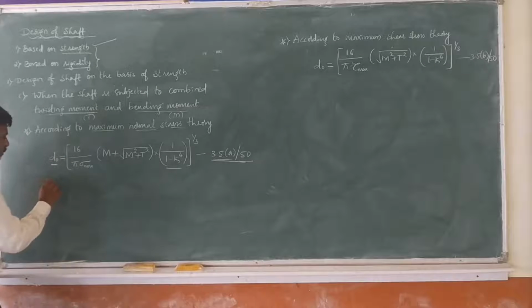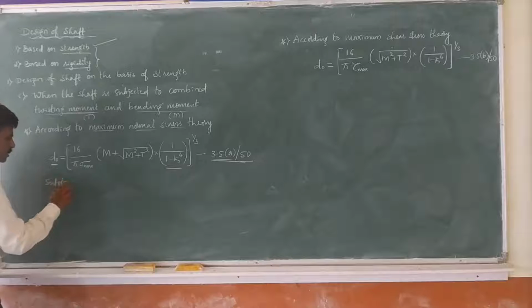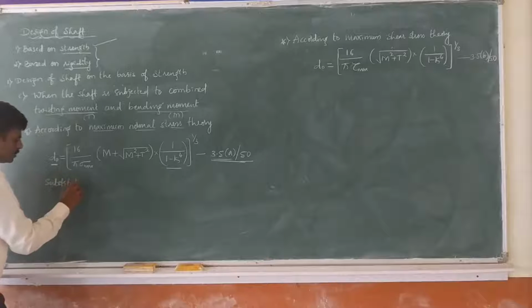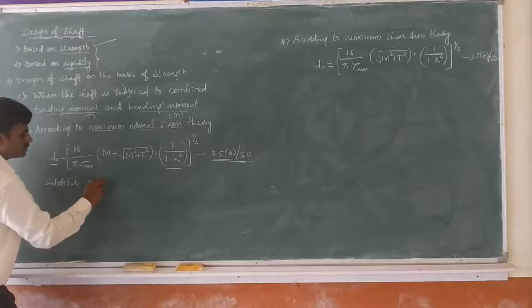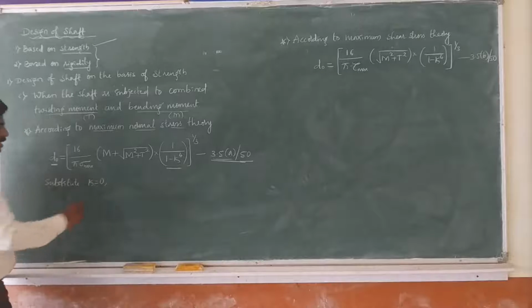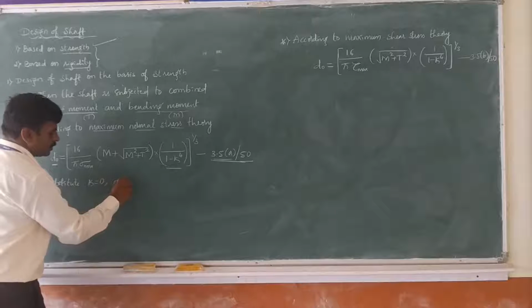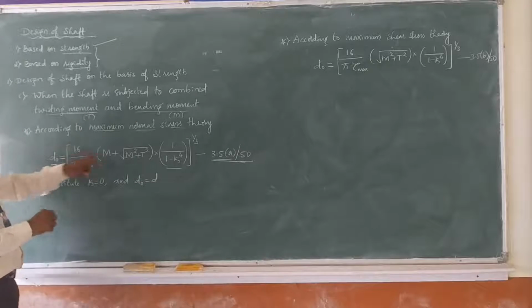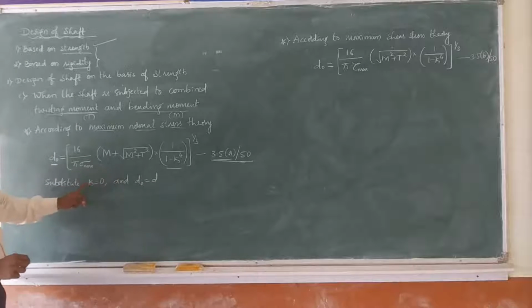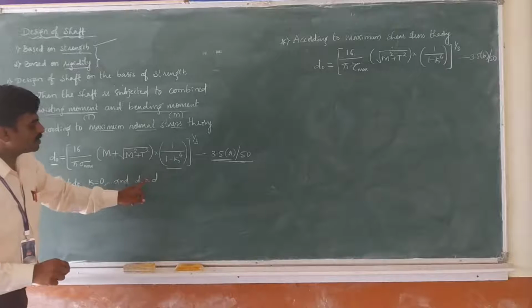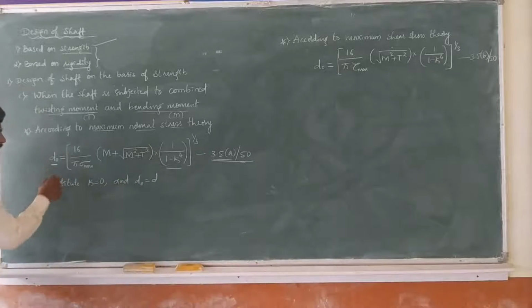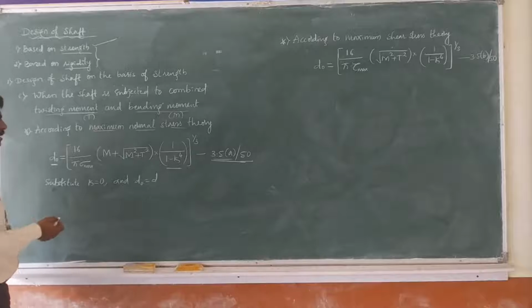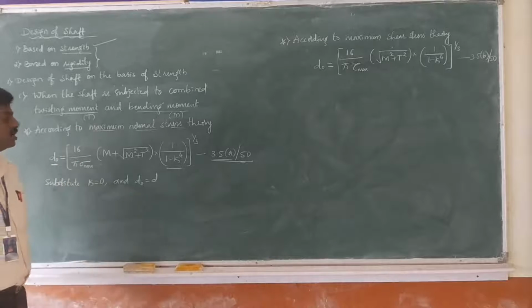So substitute K is equal to 0 and D naught is equal to D. When we substitute these, the equation reduces to D is equal to, that is the equation for solid shaft.